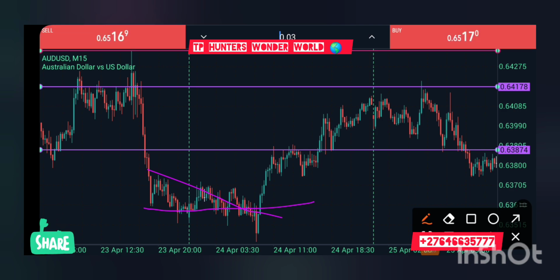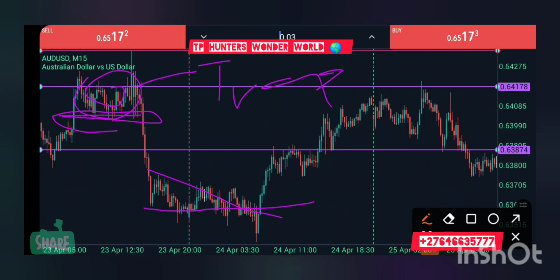Every time you see a breakout, pause. Is this real or a trap? Unfortunately, this was a trap. People bought here. There were too many buyers here.